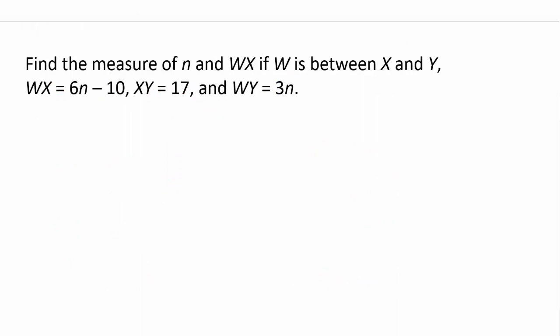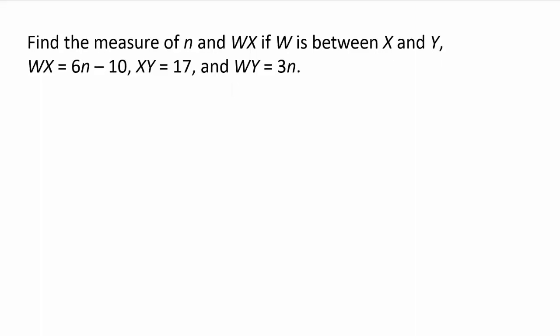This next problem says find the measure of N and WX. If W is between X and Y, WX is equal to 6N minus 10, XY equals 17, and WY equals 3N. Just to make sure we're on the same page, I'm going to go ahead and draw this line segment. Got 3 points.